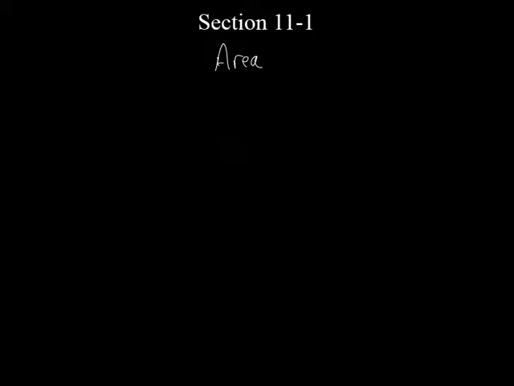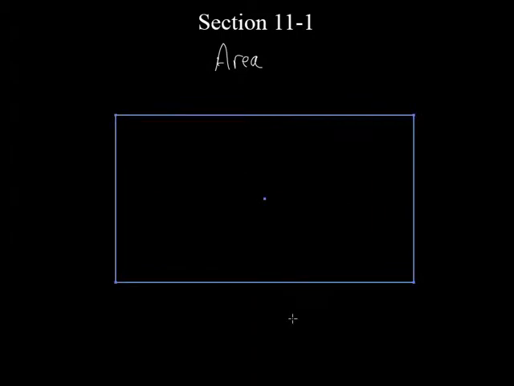Well, what they do is they start off... I'll tell you what. Let's start off with this. That's a rectangle right there. And basically, what are we finding when we're finding the area of something? What we're doing is we're taking this rectangle. Now, I don't know if I'm doing this exact or not.